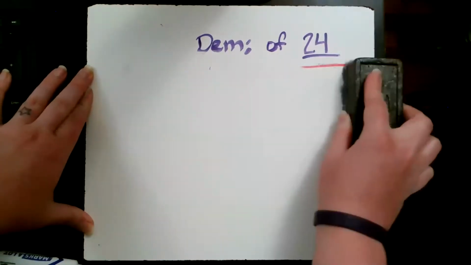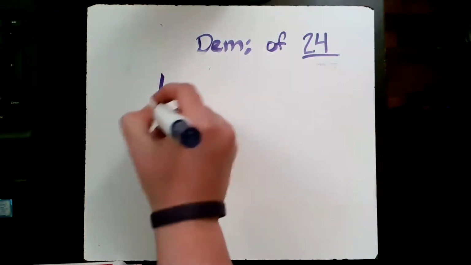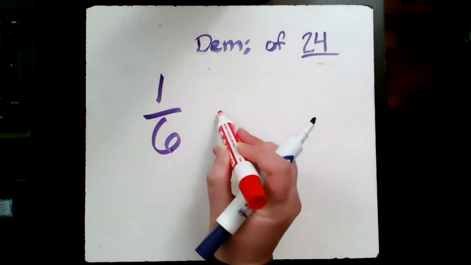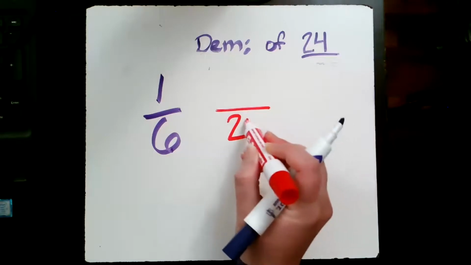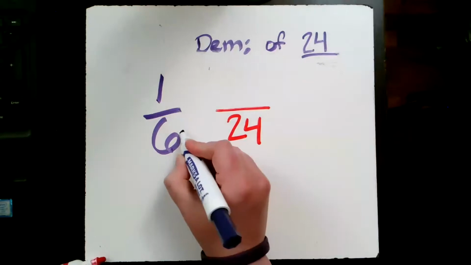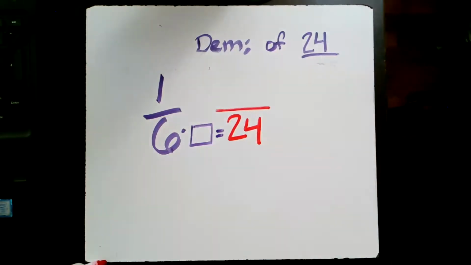From your worksheet, we're looking at finding your least common multiple of 24. This time, let's look at 1/6. Now we have to get to our denominator of 24. So we ask ourselves again, 6 times what equals 24?